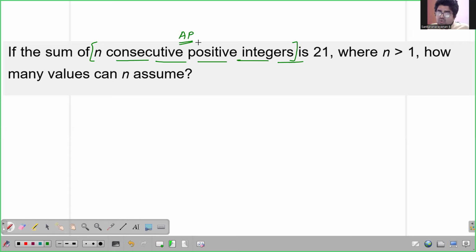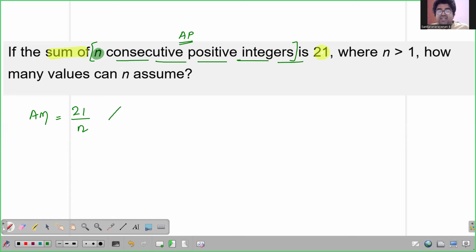Let us consider the arithmetic mean of these n consecutive positive integers. The arithmetic mean is the sum of observations divided by the number of observations. The sum of all these observations is 21, and the number of observations is n, so the arithmetic mean is 21 divided by n.